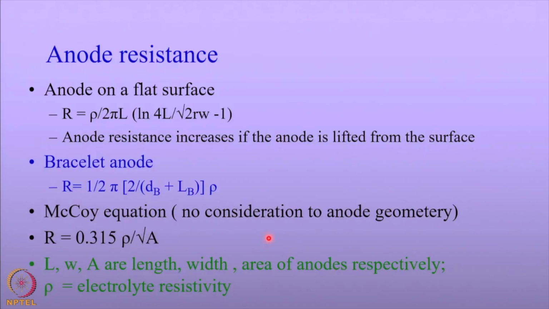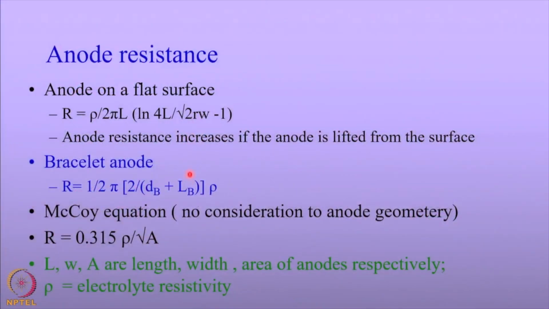When you are going to use sacrificial anodes, or when you are going to use impressed current anode systems, much the same way you do for soils, it is necessary to consider the anode resistance, the resistance offered by the anodes, and these are the formulas that are being used.